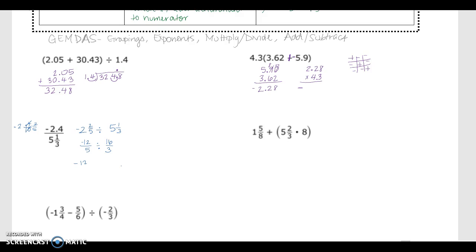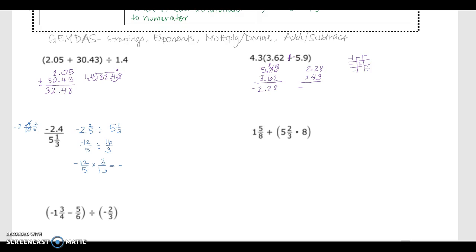So negative 12 over 5 times 3 over 16. So you're going to multiply across and simplify. Since I have a negative times a positive, my answer is what? Negative. Good. So go ahead and press pause and finish that one.